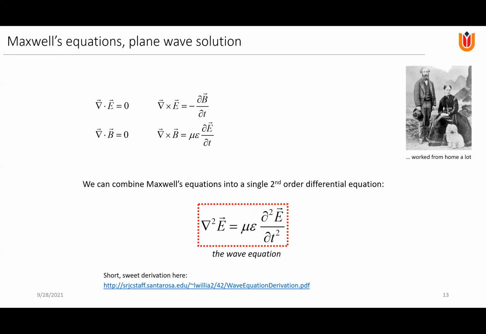What is nabla? Yeah, a derivative to spatial coordinates, and because we have three spatial coordinates, it is a little bit too elaborate to write that down. So nabla just means a derivative to each of the spatial coordinates. And if you have a nabla squared, you do it two times. That's what it is.